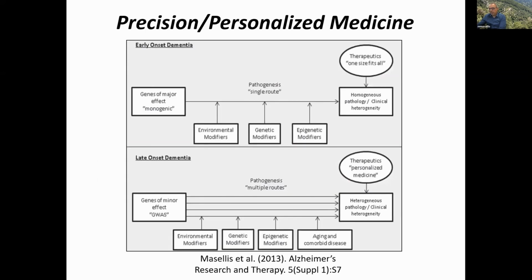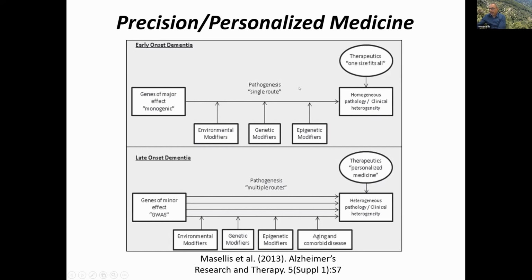When we think about how we can overcome these, I'll use the example of early onset forms of dementia, and this can equally apply to Parkinsonism, versus late onset forms of dementia or Parkinsonism. Early onset forms often are due to autosomal dominant disorders, for example, where we have genes of major effect. So these are monogenic disorders.